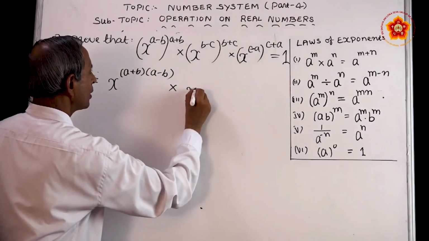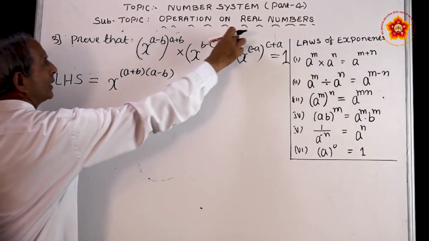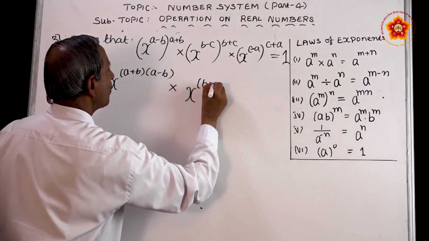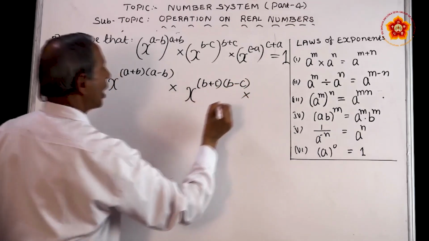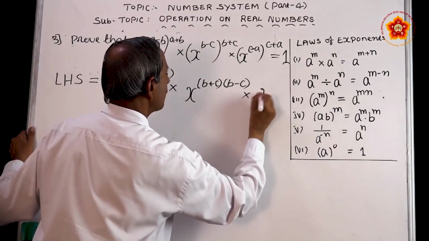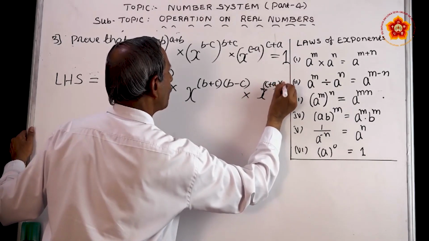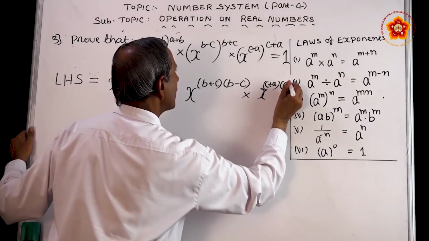Whenever there is a power raised to a power, you have to multiply them together, you will get (b plus c) into (b minus c). Similarly, the last one can be written as x to the power of (c plus a) into (c minus a).